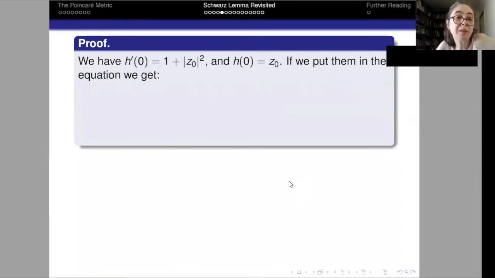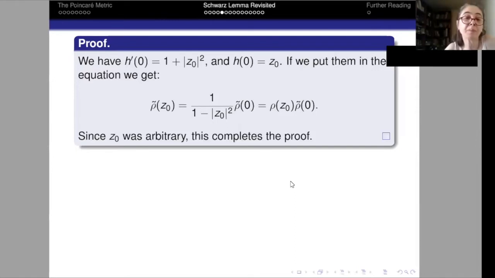Now we have h prime 0. If we compute it, this is equal to 1 plus the absolute value of z0 squared, and h(0) is equal to z0. We put them in the equation, and we get rho of z0 is equal to 1 over 1 minus the absolute value of z0 squared, times a constant, which is the value of the new metric at the point 0. Z0 was arbitrary, so this completes the proof.